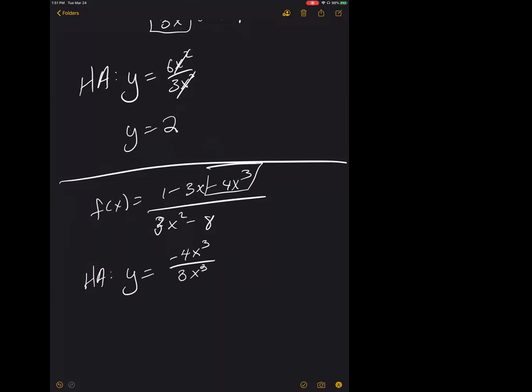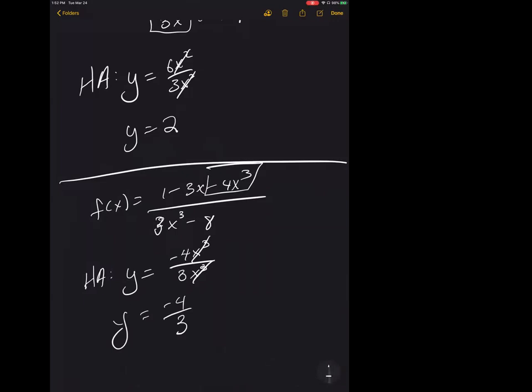I made a mistake. That needs to be a 3. My bad. This power needs to be 3 in my example. And again, you simplify, the x cubes will cancel out. That leaves us with negative 4 over 3. And that right there is my horizontal asymptote. Y equals negative 4 thirds.